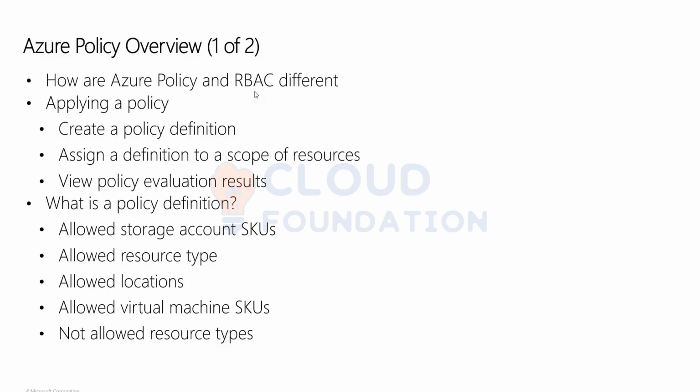Even in the case of virtual machine SKUs, you can restrict them to only D1, D2 machines. And even there, you can specify the type of machine: 2-core machine, 4-core machine. You know your organization's requirement and which are the relevant SKUs or machine types which should be created.